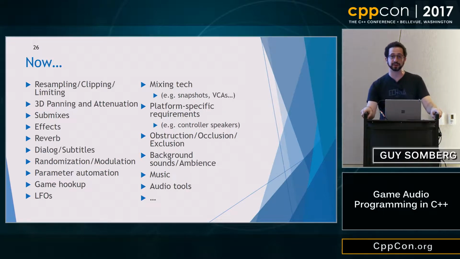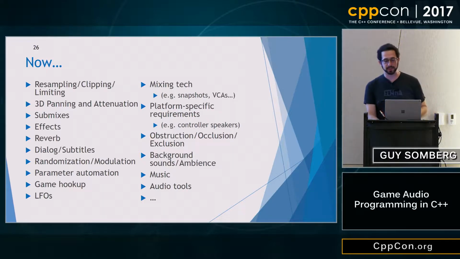Effects that I just mentioned, low pass filter, high pass filter, reverb, echo, all these kinds of things. There's a ton of work still to do. Now, if you're using middleware, some, but not all of this will be taken care of by that middleware. So at this point, that's kind of the fundamentals.